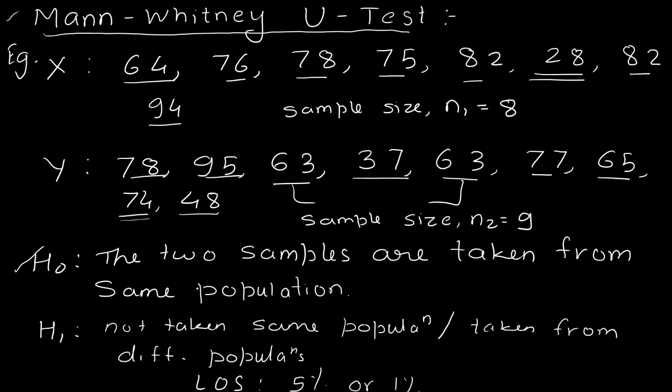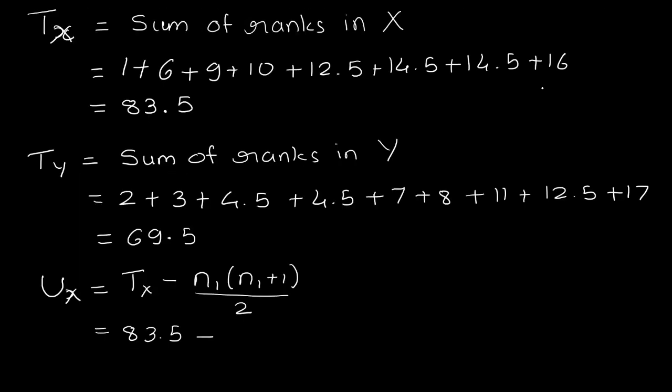What is n1? N1 is the sample size of this x, and n1 is 8. So I will substitute that value: 8 into 8 plus 1 by 2. And this ux value, if you simplify, you get 83.5 minus 36, and that comes out to be 47.5. That is your ux value.